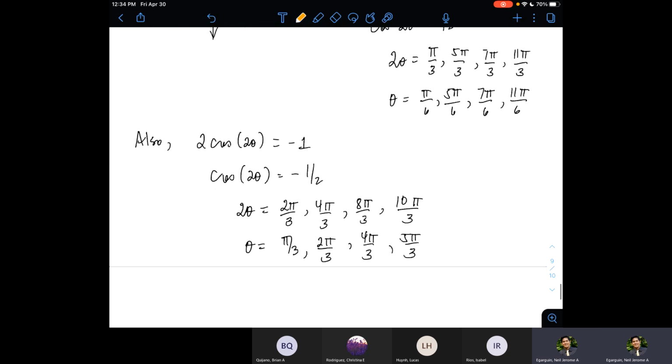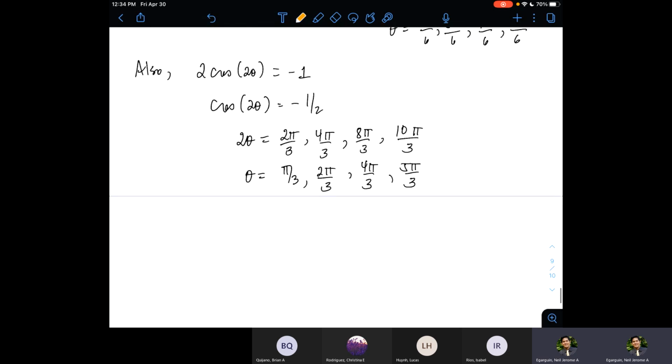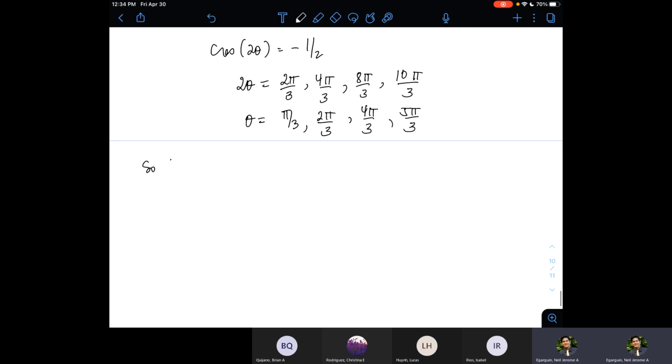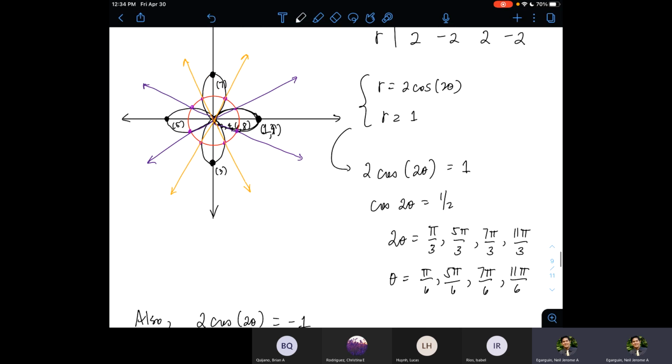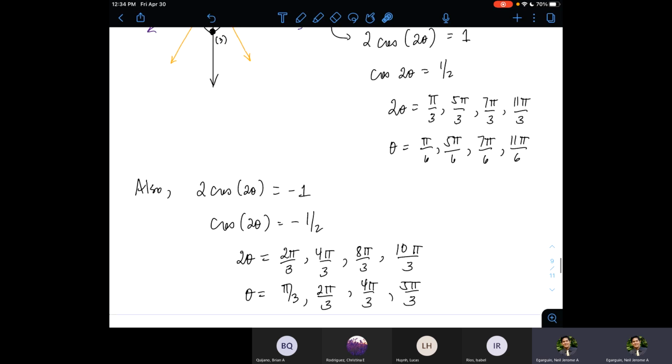Okay, but just remember we're looking at the points of intersection. So we need to give the points, not just the theta component. So the points of intersection are, the R value is 1, but you have different theta values.